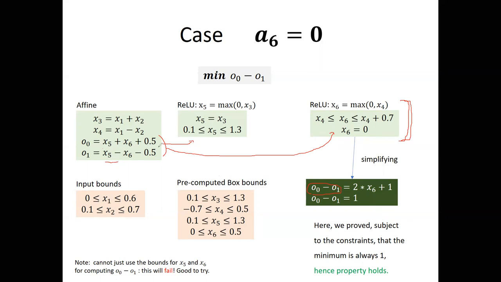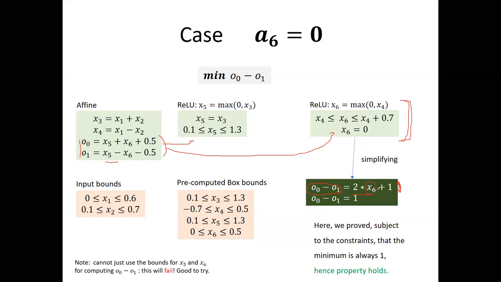So if we do O0 minus O1, you can just do the simplification on this side before we even touch x5, x6. The x5 are going to cancel out, and you're going to be left with 2 times x6 plus 1, that is 0.5 plus 0.5. So you're going to end up with this constraint over here, which is just a function of x6.